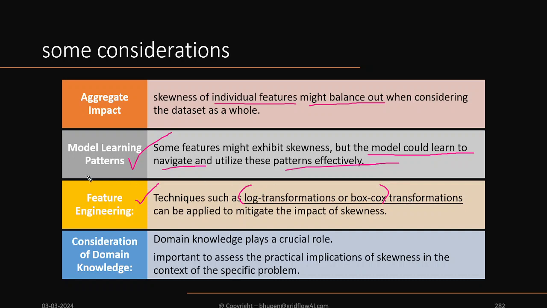But the important thing is to first apply the model, evaluate, and see how the model is recognizing the data and how it is actually performing. Domain knowledge plays a very big role in understanding the impact of skew.